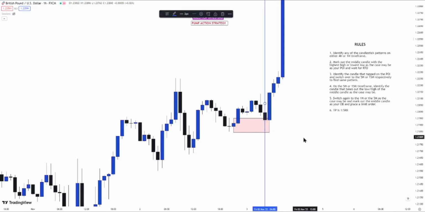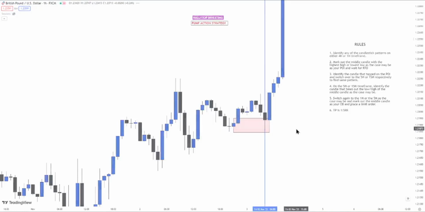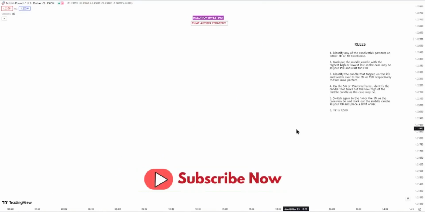All right. Now, why do you have to mark that candle? You mark that candle because when we get to our lower time frame, we want to start looking for opportunities to enter the market on the right hand side of this vertical line. All right. So now we will switch to the 5M because I'm using the 5M and the 1 hour as my higher time frame. We go to the 5M.